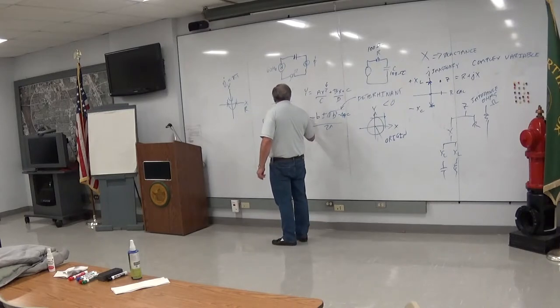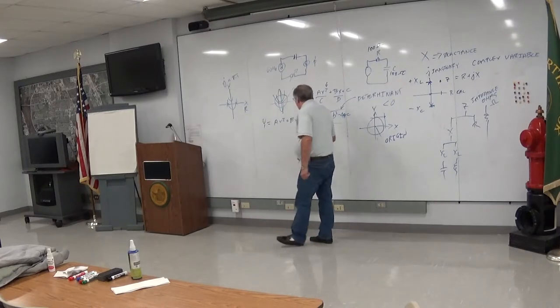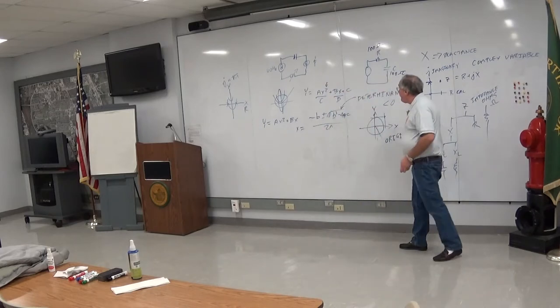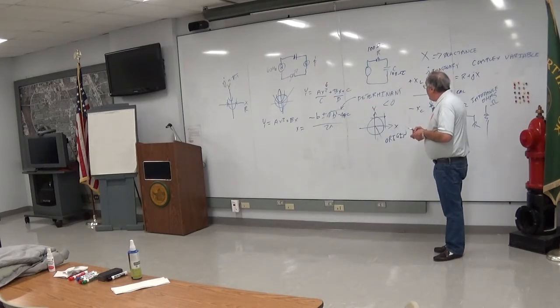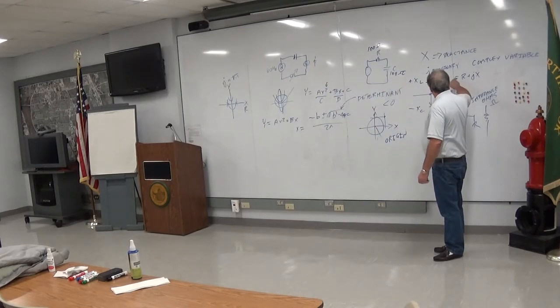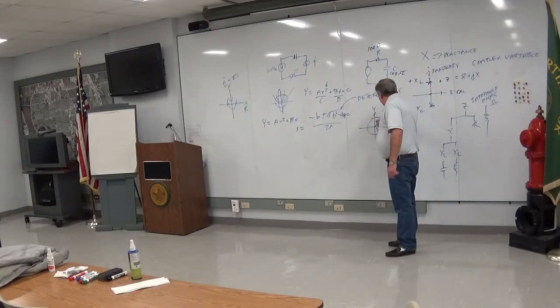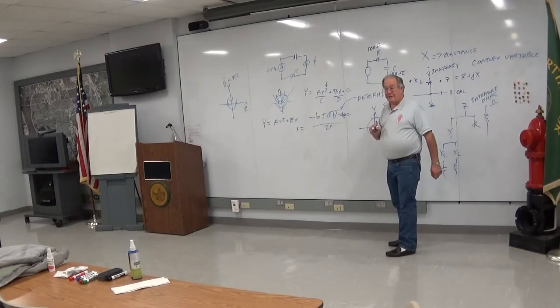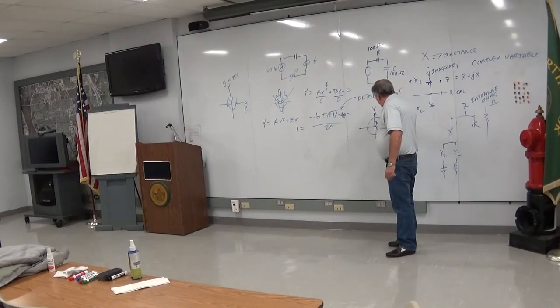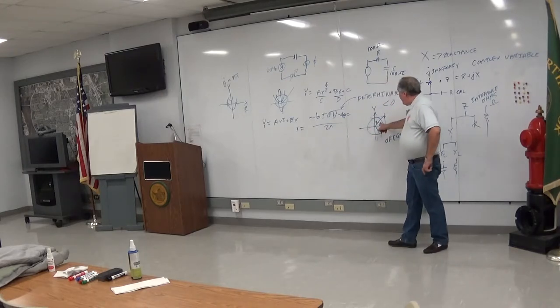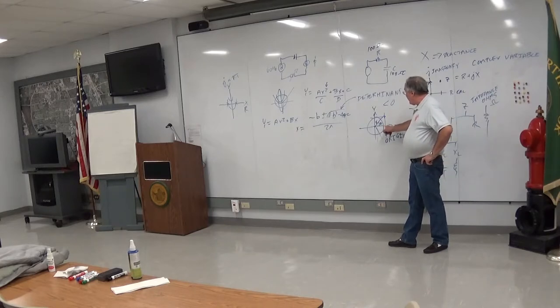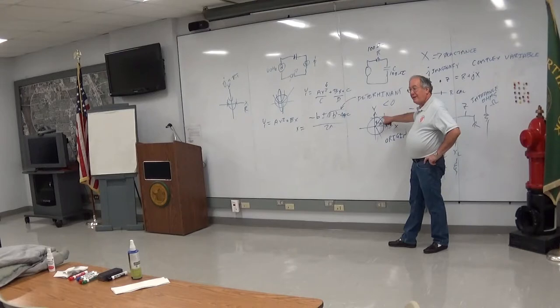And I won't even say plus C because it's on the origin. You could do the same thing here. It's some value of R and some value of J. Or you could say it is some value of radius and some angle, theta. The angle from the horizontal axis and the radius out to that point.